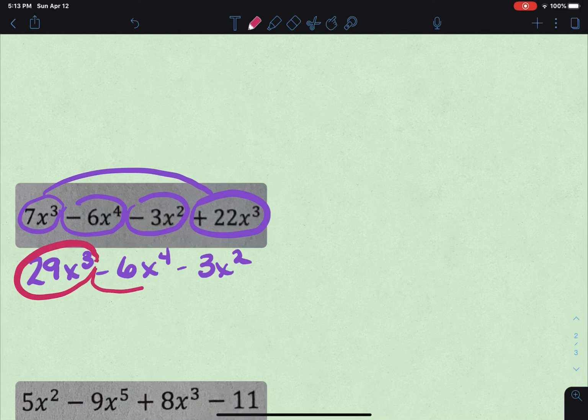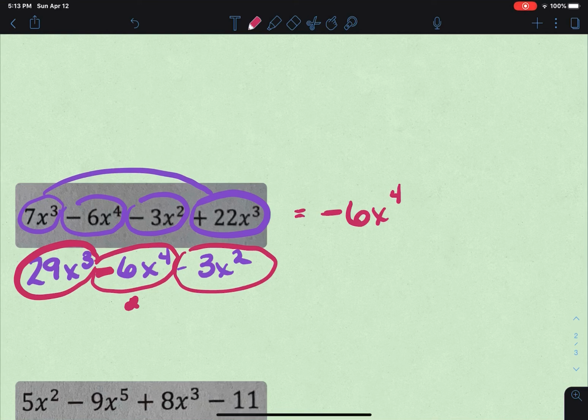Okay, now I'm going to look at each term. So the highest exponent would be this one right here of x to the fourth. So negative 6x to the fourth. Now, did you guys notice I brought the negative with me from right here? So make sure you take the sign in front of it, especially if it's negative. Okay.